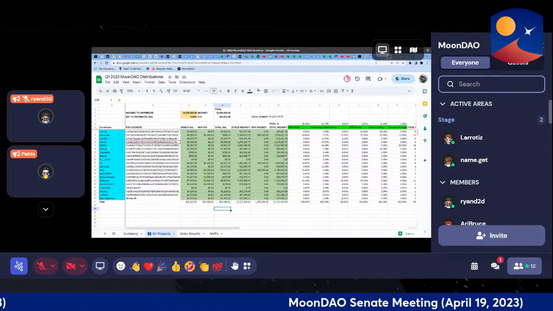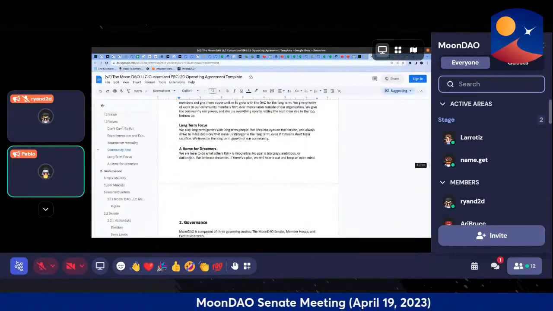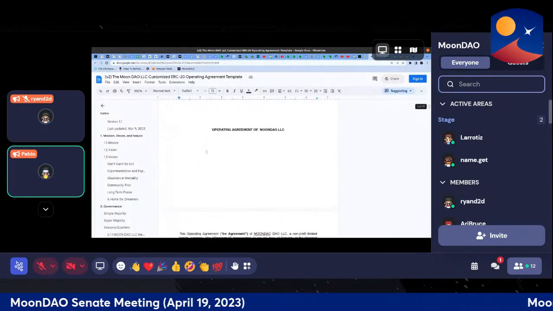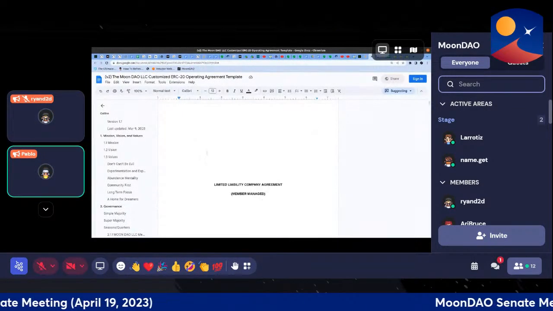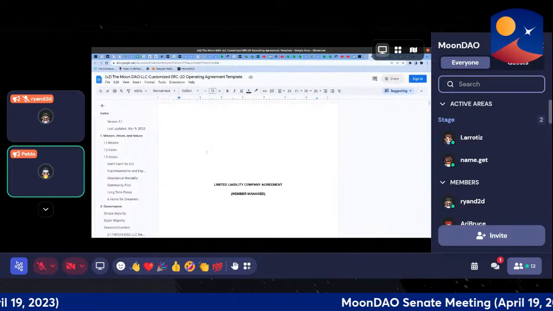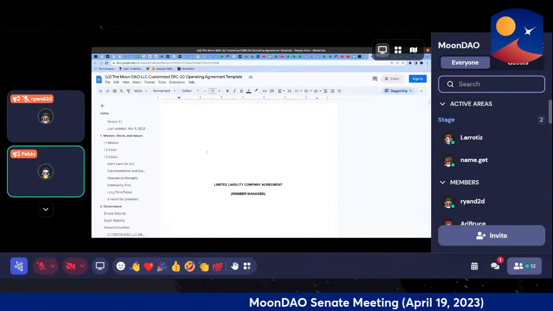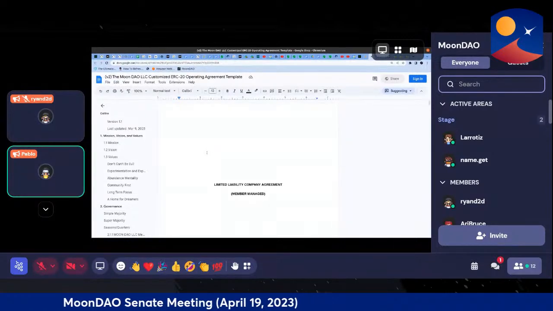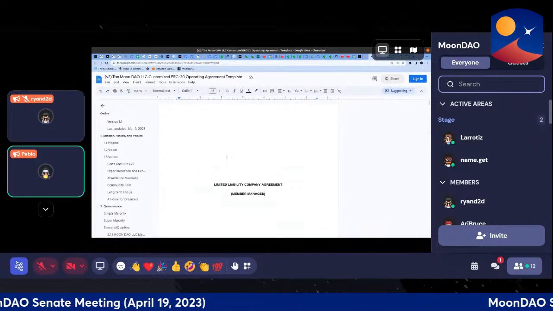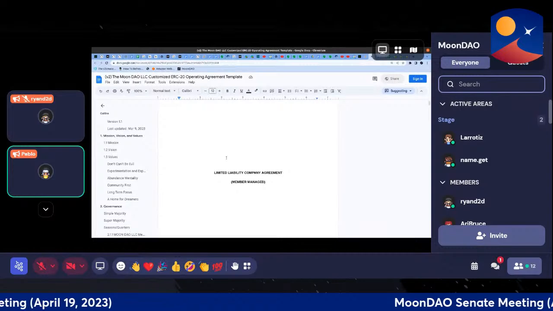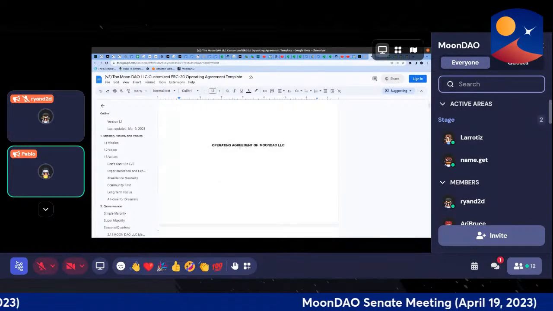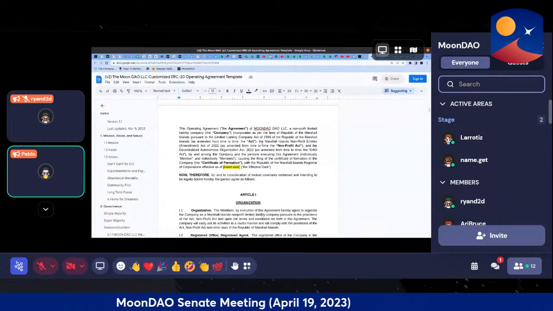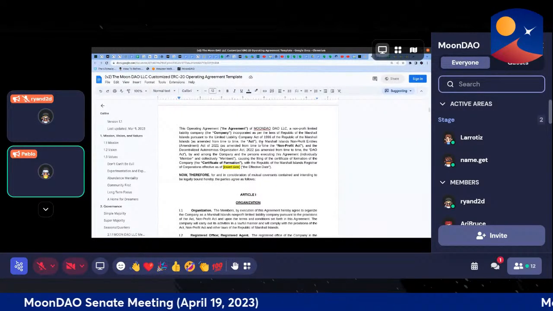More or less, there's been a change in how MoonDAO does their AML, their anti-money laundering. What it used to be was that anyone who has over 25% of the tokens needs to KYC.